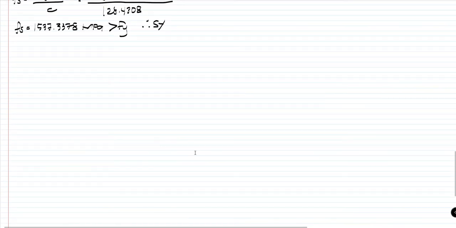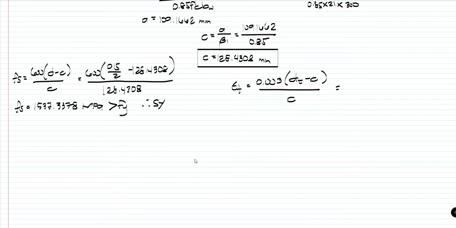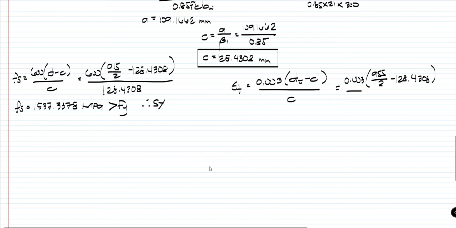So we have the equation epsilon sub T is equal to 0.003 dt minus C over C. So substituting the values on this equation, we have here 0.003. Yung dt natin will be 955 over 2 minus 128.4308 divided by 128.4308.